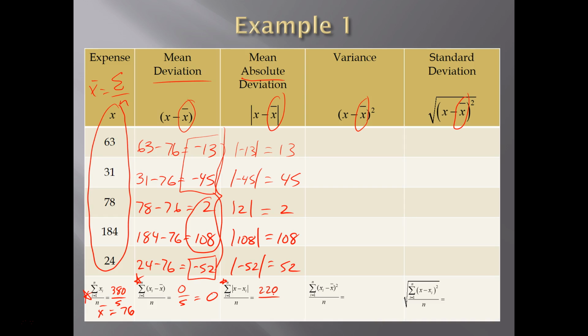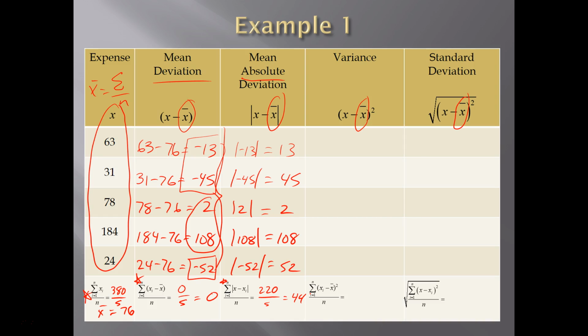And divide by your n. Your n is 5. That's how many data values you have. When you do that, you now get 44. What this is telling you is that the average distance of your data values away from the mean is 44.